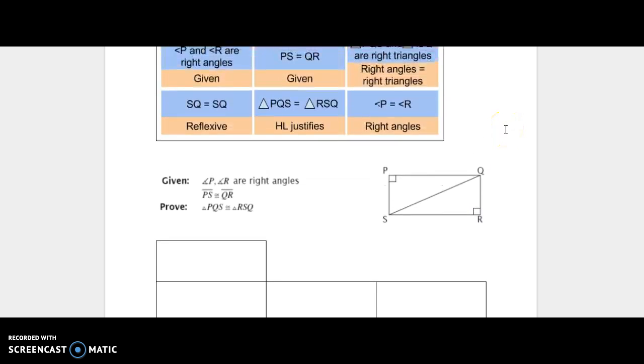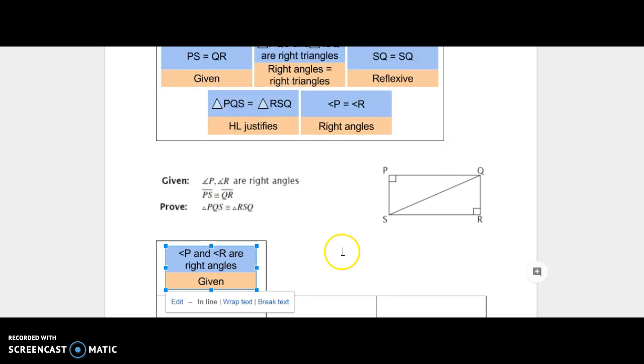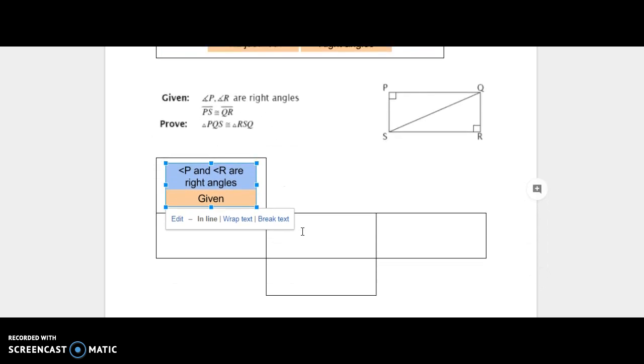So we start with the givens. We know angle P and angle R are right angles. That's given. Now this is where we get a little bit different from what we're used to. If we have right angles, we no longer care about P and R being congruent. That's not the issue.